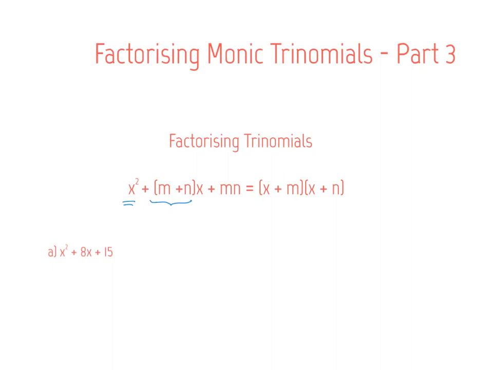We could get the last digit, let's call that c, first one b, by multiplying those two factors. So two factors that multiply should give us c, and when we add should give us b. When we write that in factorised form, that's x plus m times x plus n.